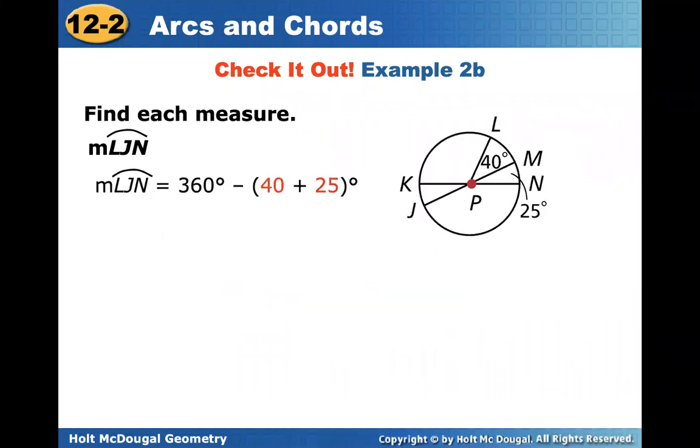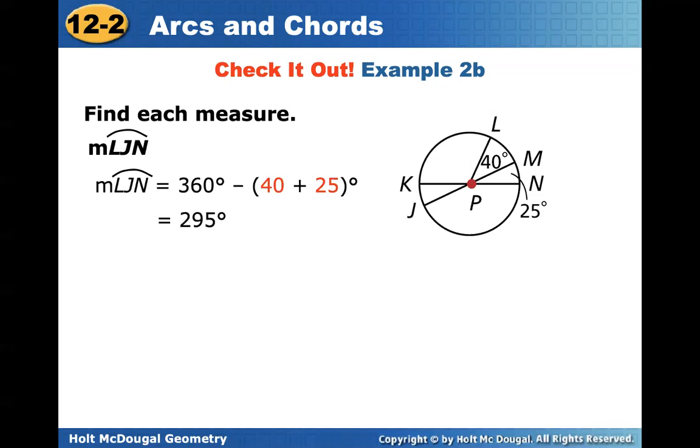Next, LJN. That one's pretty easy because the only thing it doesn't encompass is these two arcs, which are 40 and 25. So all I do is subtract the minor arc or the central angle from 360, and it gives me the major arc of LJN.